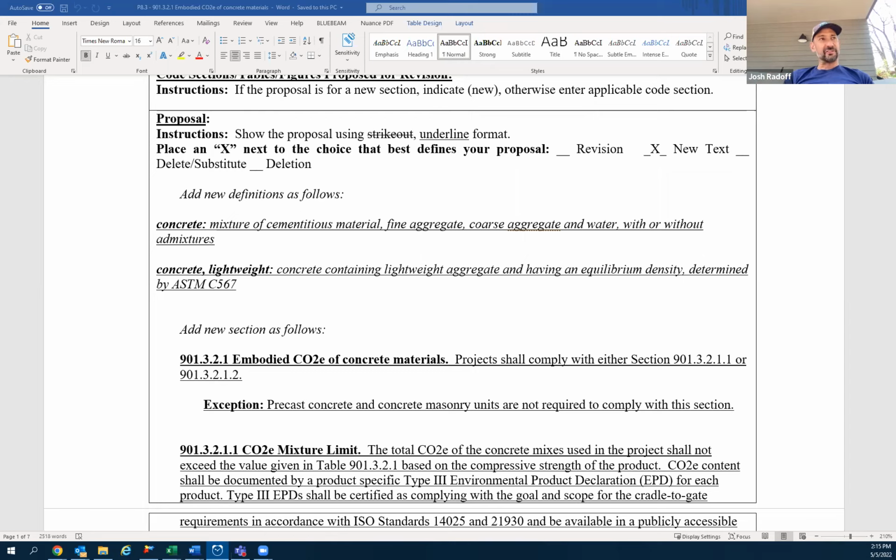And the reason I ask is I wonder if there's any sort of benefit that a given concrete producer might get from sourcing material in a grid region that's got high renewables, and they could use a lot more electricity than coke or whatever is used as this sort of energy foundation. I assume it doesn't matter. CO2 is CO2, and if the EPD says that's what it is, that's what it is. But I'm kind of curious: is there any sort of thought of that in here, or should there be?